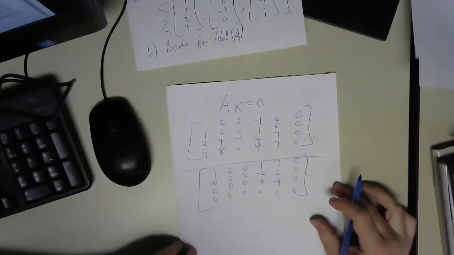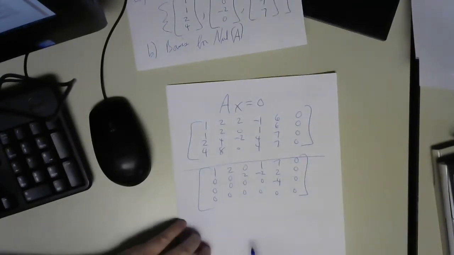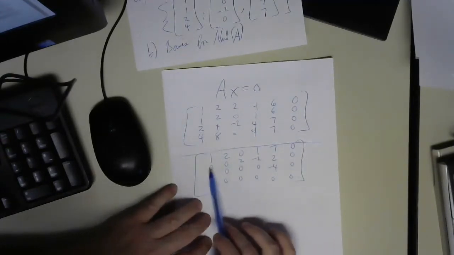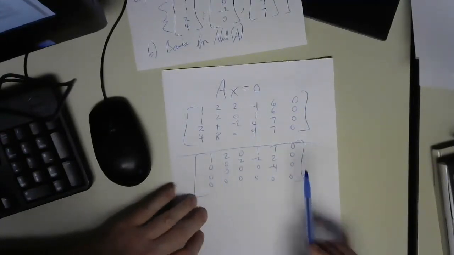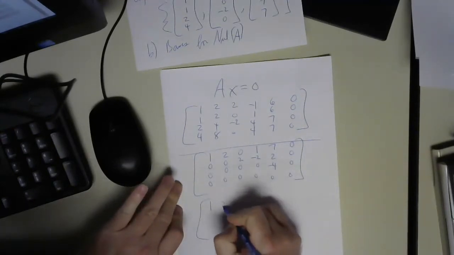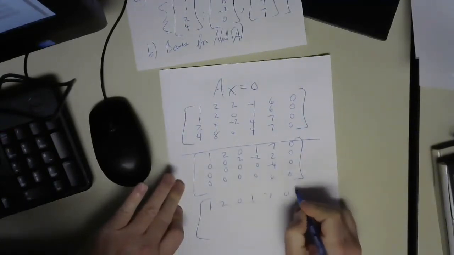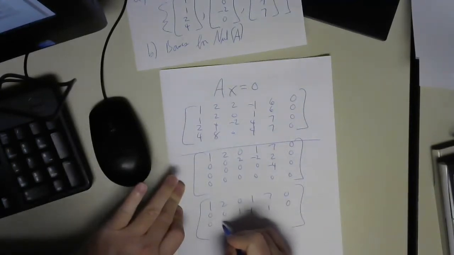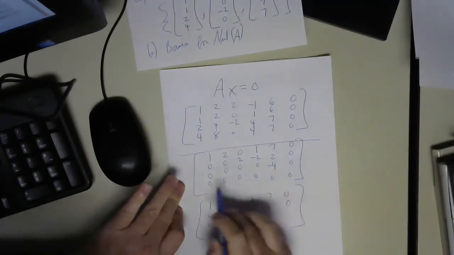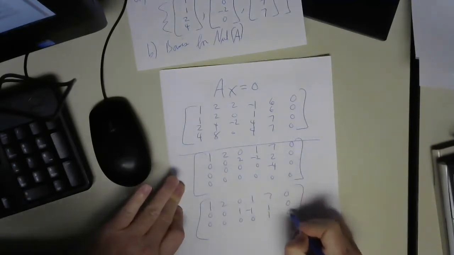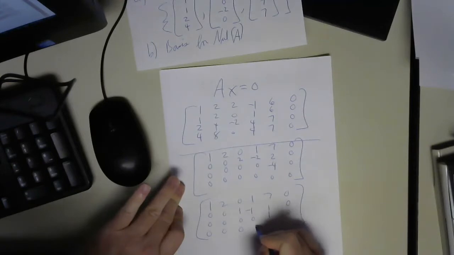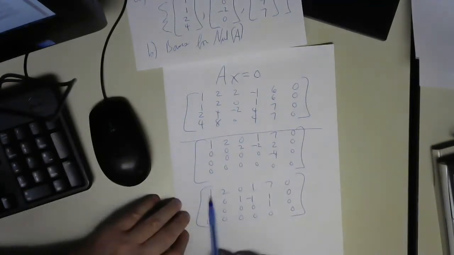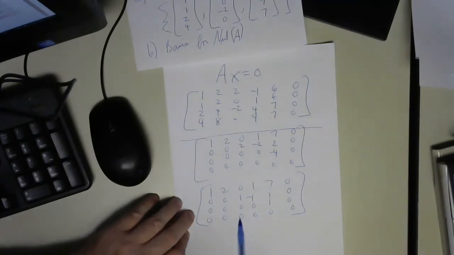Okay, and I suppose we could continue and change this thing into reduced echelon form. So I suppose to do that, we should divide the second row by 2. And I'm going to divide the third row by -4. That might do it. Well, not quite. Because notice this is a pivot column, this is a pivot column.